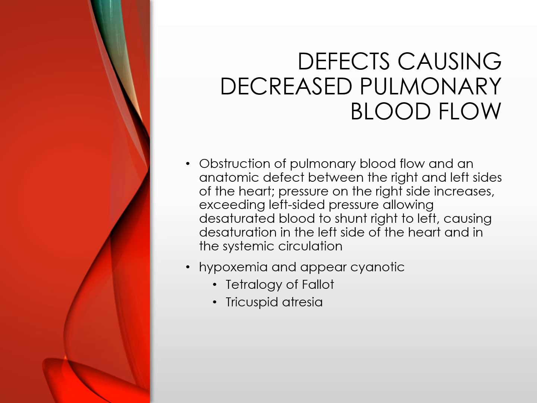So if your right side of the heart has higher pressure than the left side, and there's a connection between the two sides, you're going to have blood flow from the right side to the left side, and that is going to decrease pulmonary blood flow, because your right side usually pumps blood to the lungs. If it's not pumping blood to the lungs, it's going to the left side of the heart. It's pumping to the systemic system.